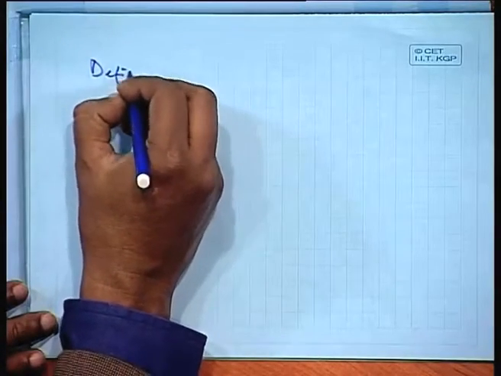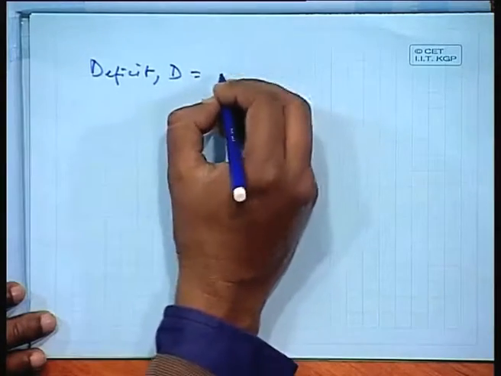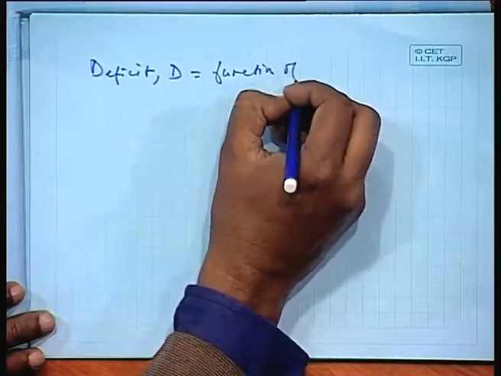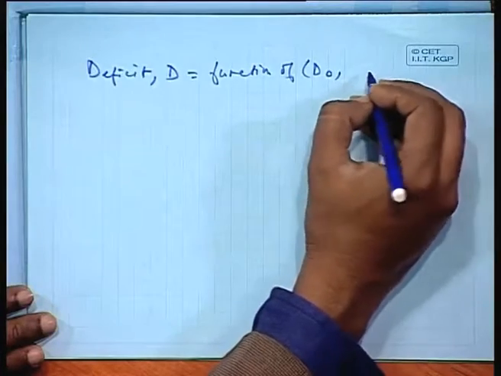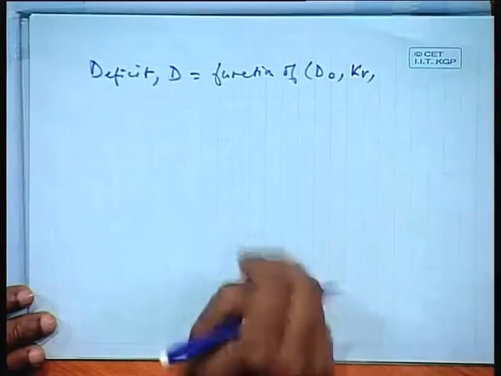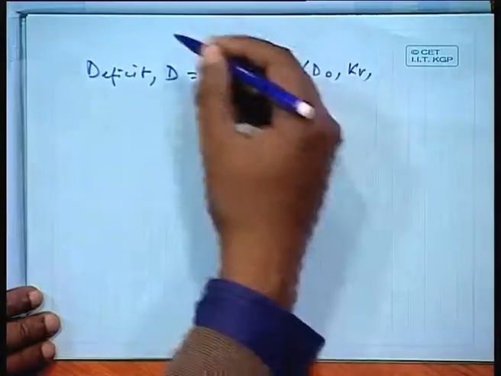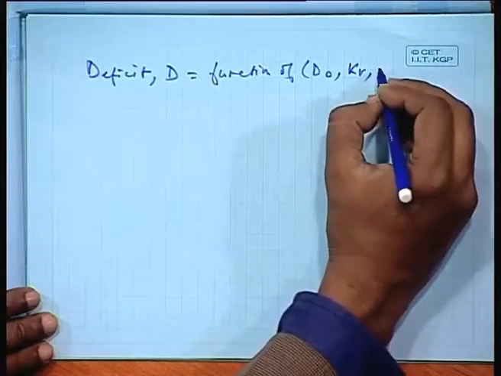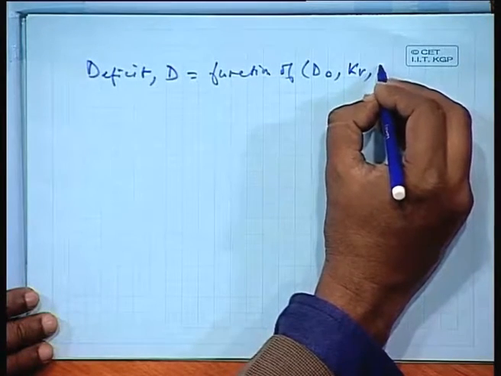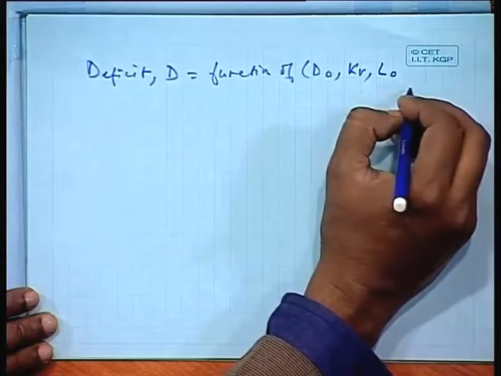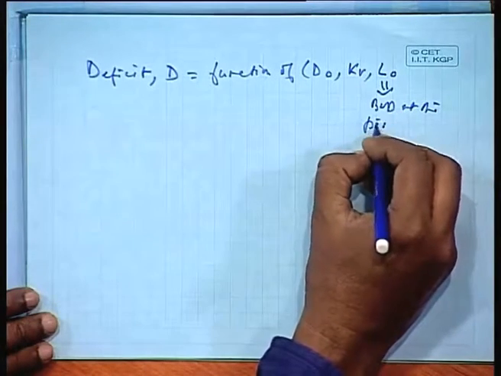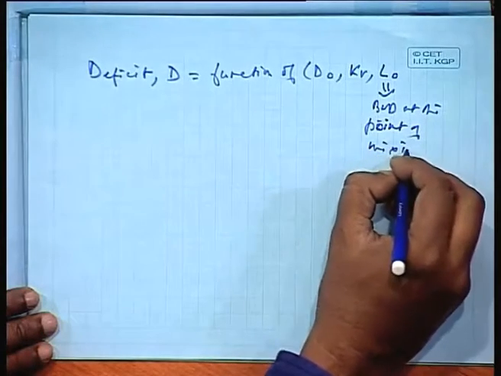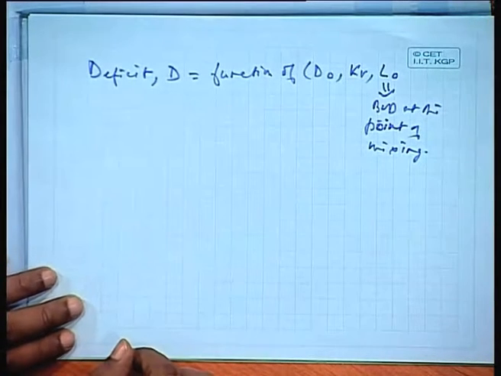So here you can see that the deficit D is a function of D0, a function of KR, which you already know, and also of the BOD at the point of mixture, or BOD of the mixture at the point of mixing.